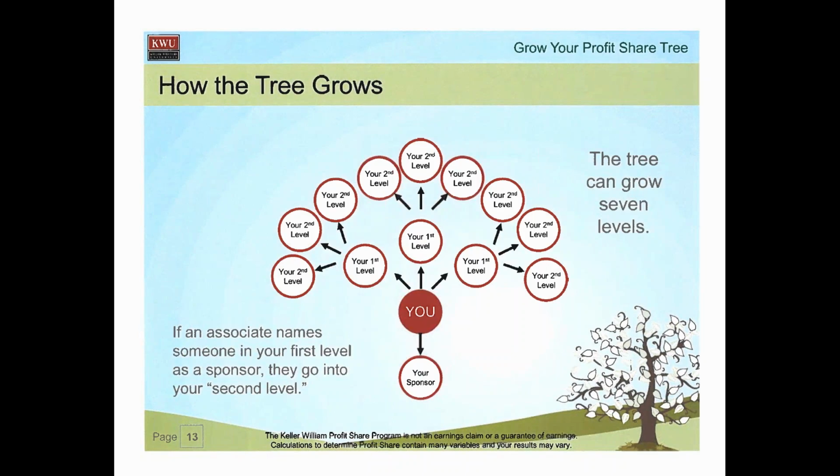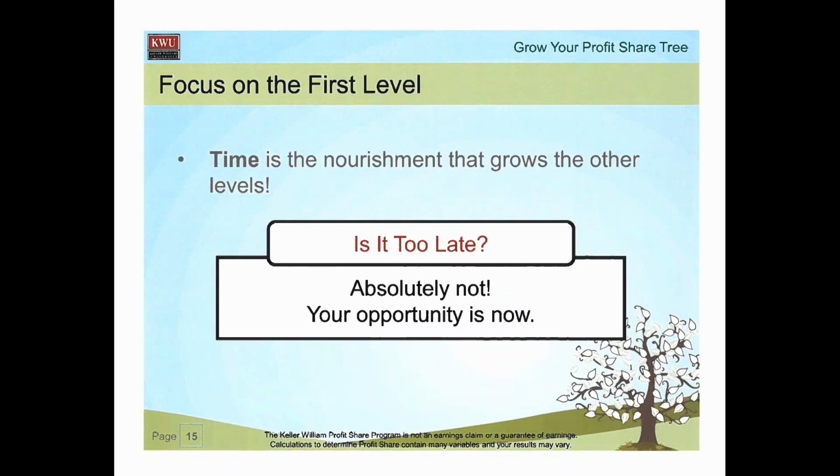And that's how it grows to 7 levels. Over time, it's been proven that with the people in the lower levels, like level 6 and 7, you'll actually earn more money off those levels than you will off level 1 as the tree grows.